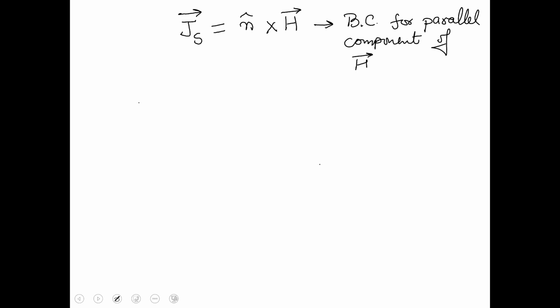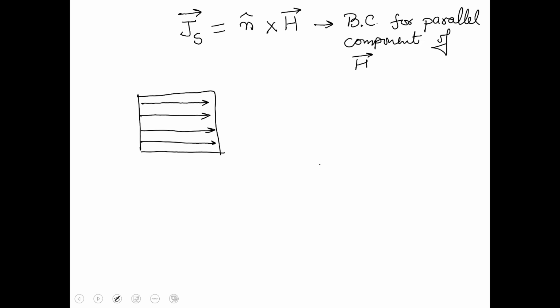In this case, what do we have? We have an H field which is going like that, which is going perpendicular to that direction.